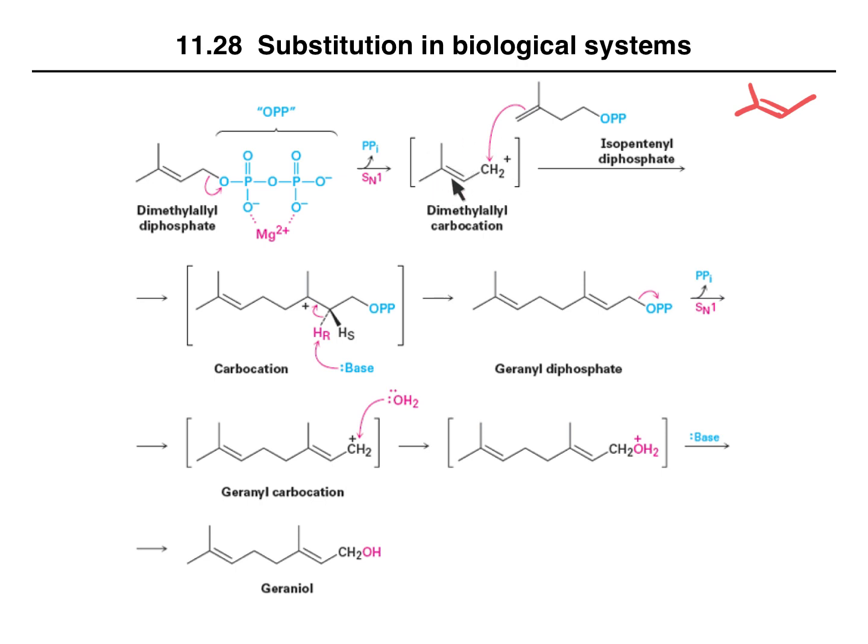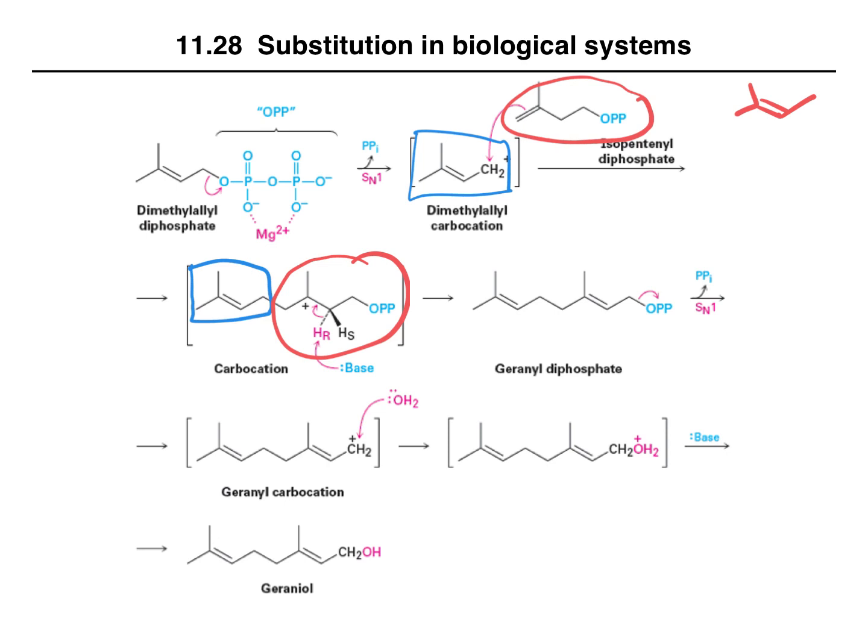Now, from this carbocation, isopentenyl diphosphate acts as a nucleophile, and it shares its electrons here. So this piece is this piece, and now this is what added here.